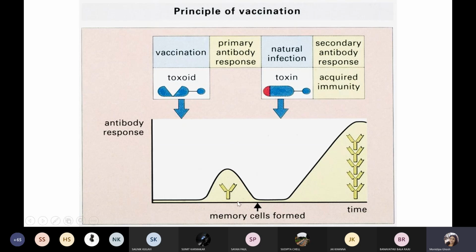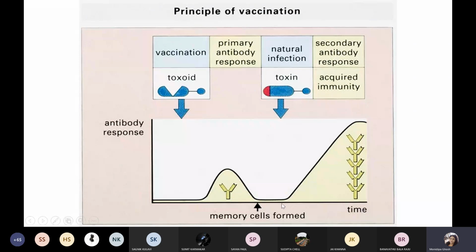The memory B cells are already stored after the primary infection or the first vaccine dose. They will readily recognize it, and the cells are capable of interacting very efficiently and very fast, and the initiation of the immune response starts very firmly also.